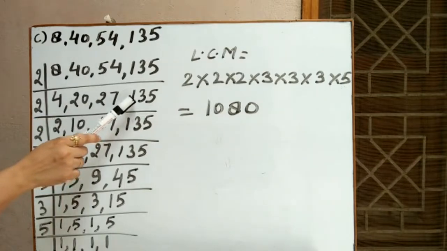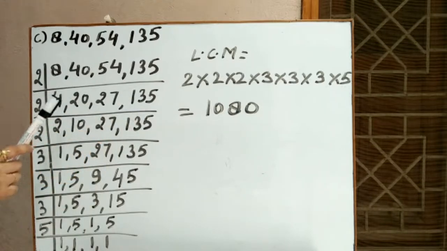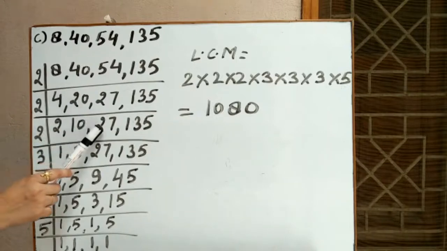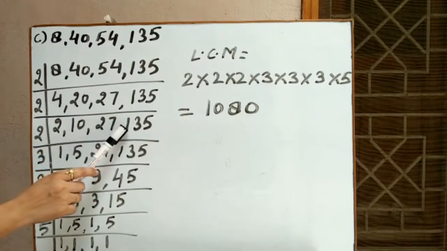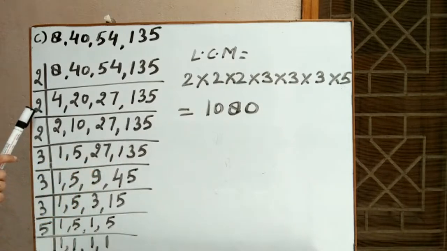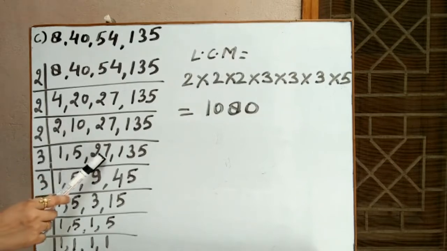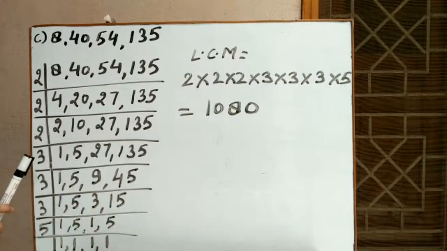And we will write 135 as it is because 135 cannot be divided by 2. Again, 2 twos are 4, 2 tens are 20, 27, 135. Again, 2 ones are 2, 2 fives are 10, 27, 135.